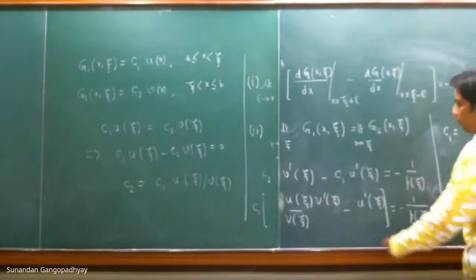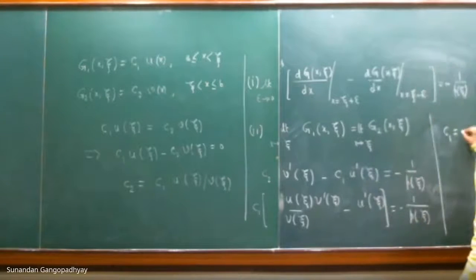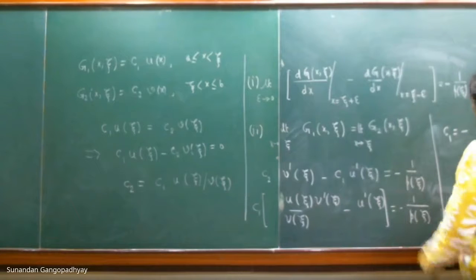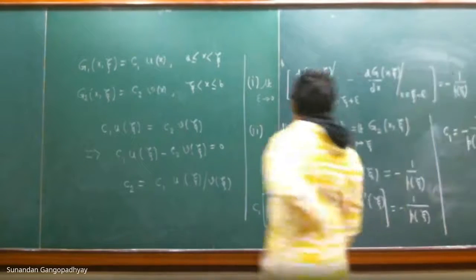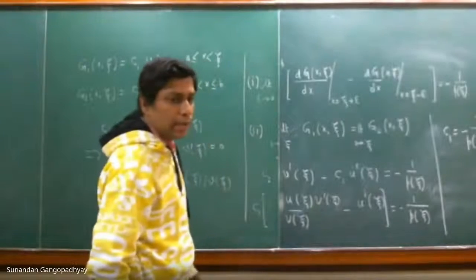C1 will be equal to minus v xi divided by p xi into this w of xi. What is w xi?